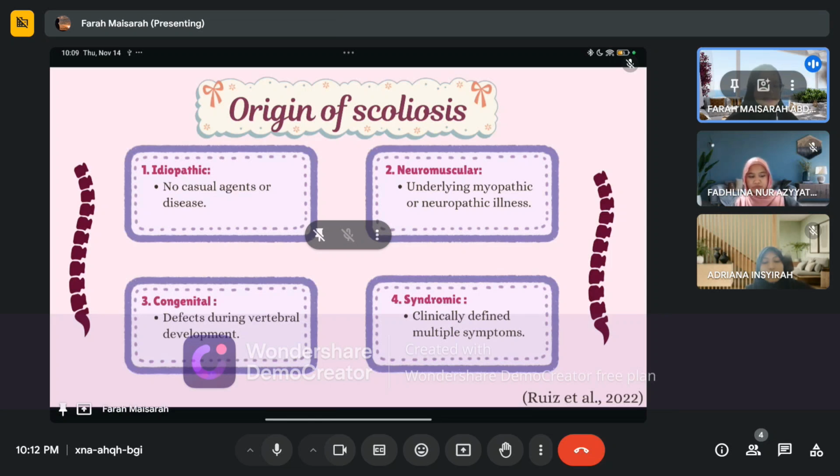For congenital, it is defects during vertebral development, for example asymmetric growth of the spine or thoracic cavity. And lastly, syndromic. Syndromic means multiple symptoms that constantly occur together, but clinically, it defines a pattern that is associated with scoliosis.